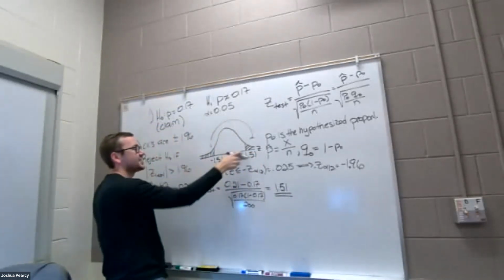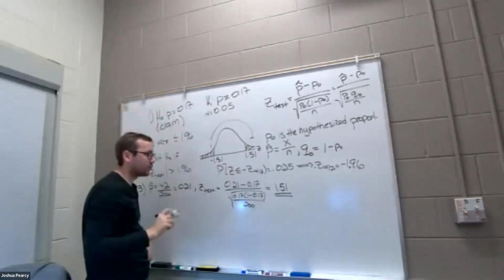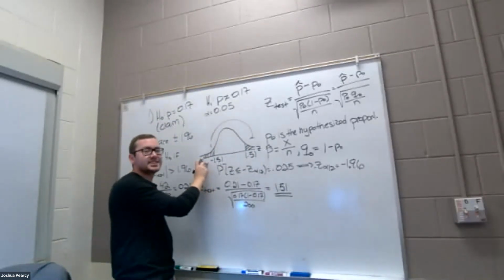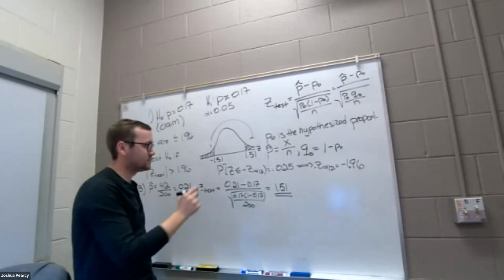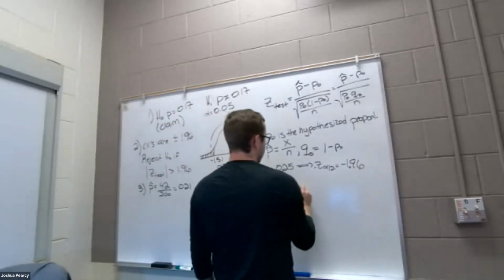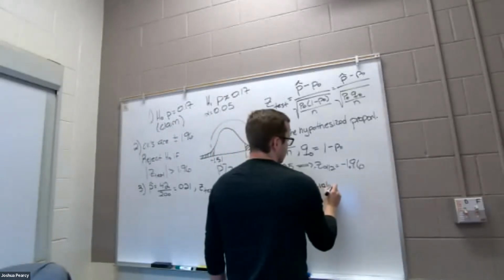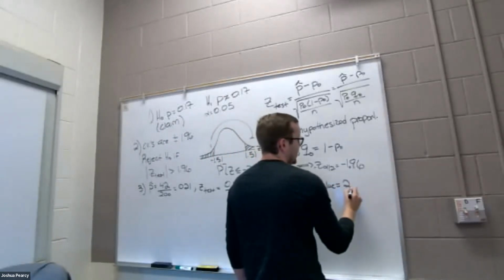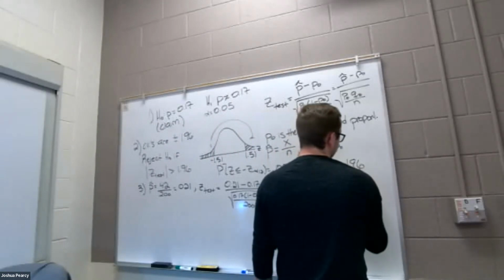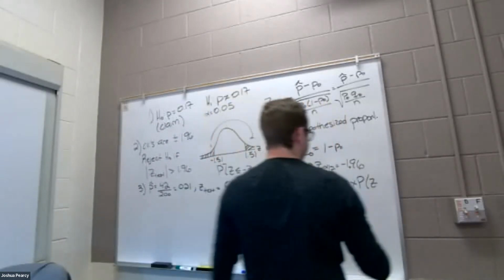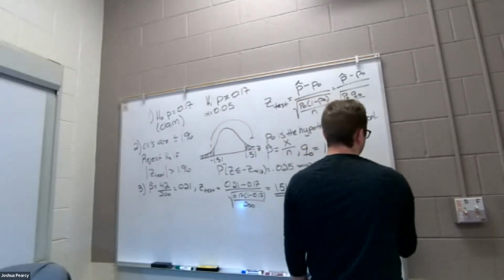The area in this tail and this tail added together will give you the p-value. So the easiest way is to look at the area in this tail and multiply it by 2. That implies the p-value is equal to 2 times the probability of getting a z-score less than or equal to minus 1.51.